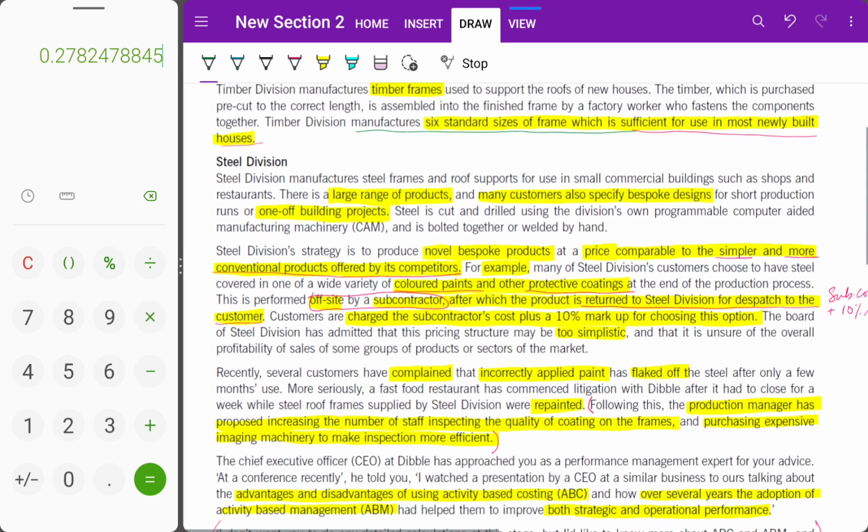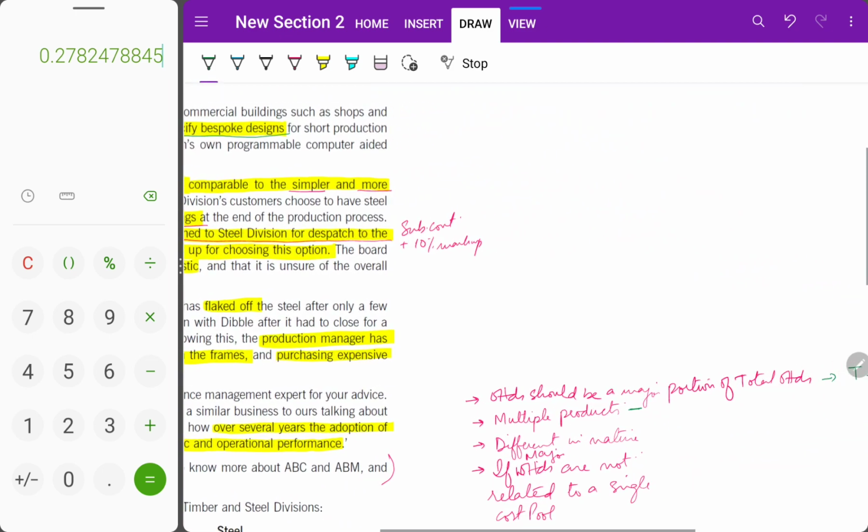And what about the steel division? Is this manufacturing multiple type of product? Yes, there is a large range of products, and many customers also specify the bespoke design, right? So these two are in favor of using ABC, right?